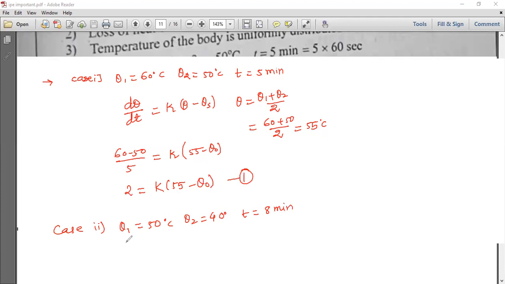So again dθ/dt is equal to the same formula. Here dθ/dt is equal to k into (θ minus θs). So dθ/dt is how much here?